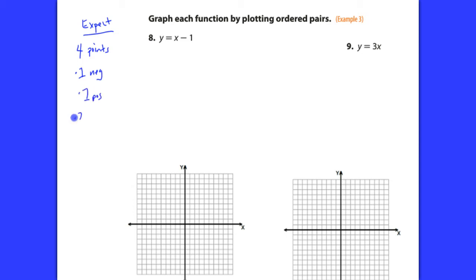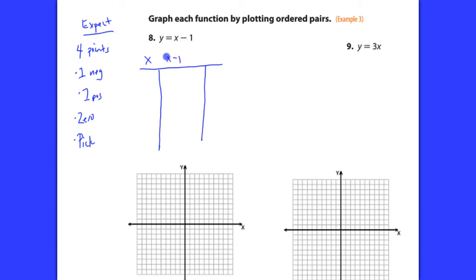You should pick 0 and then pick 1. Always use 0, see what that is, and then pick a value. There are times later when that might not work out quite so conveniently, but for now, let's make that the expectation, please. So we are now going to pick 4 points.